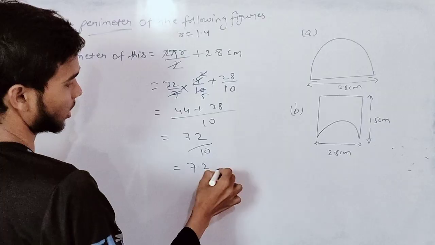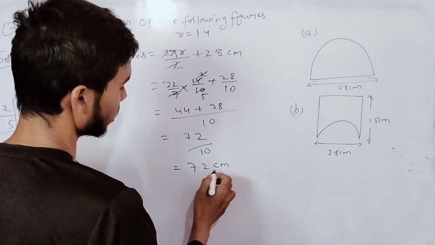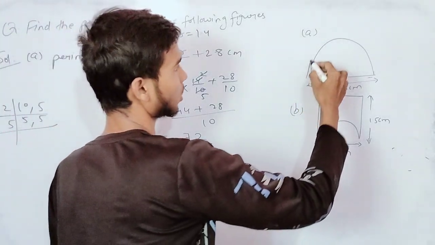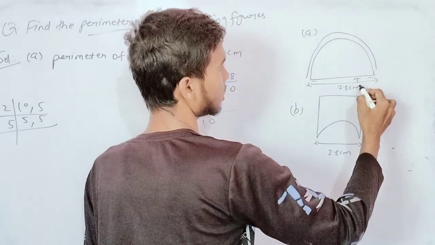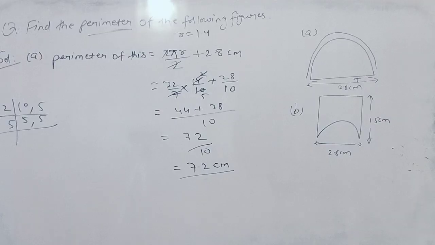So finally we got this much centimeter. It is telling you perimeter of this plus this is 7.2 centimeter.